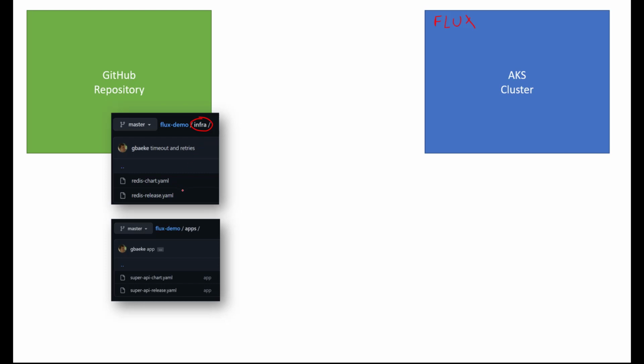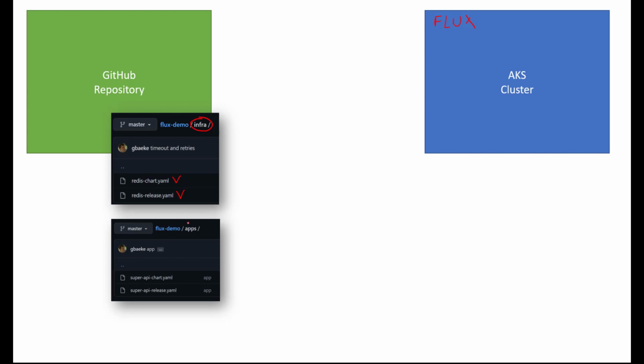So we'll install Redis by using a Helm chart. Now we have to first tell Flux where to find the Helm chart. So a Helm repo has to be known. And this first YAML file does exactly that. We'll create that later. The Redis release.yaml then actually instructs Flux to install the Redis chart.